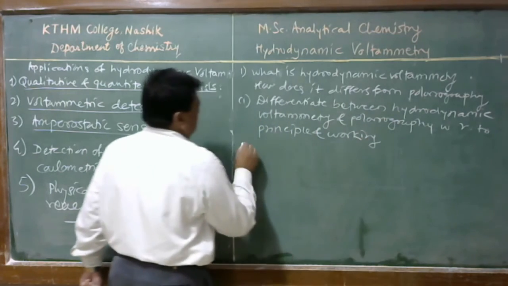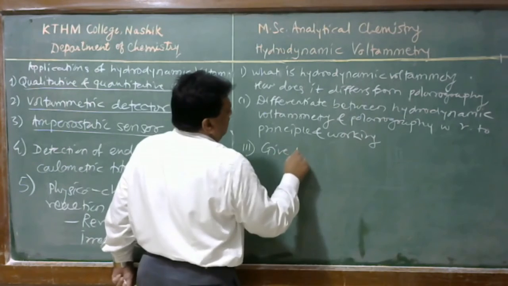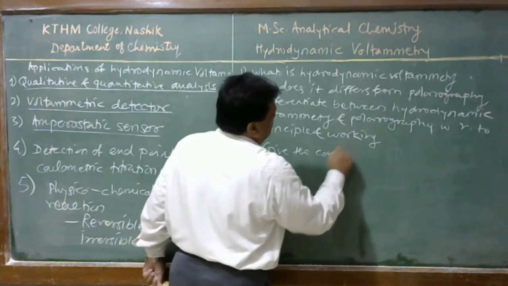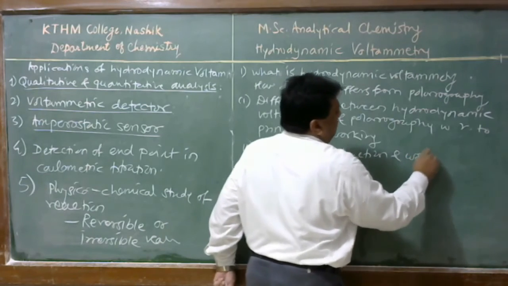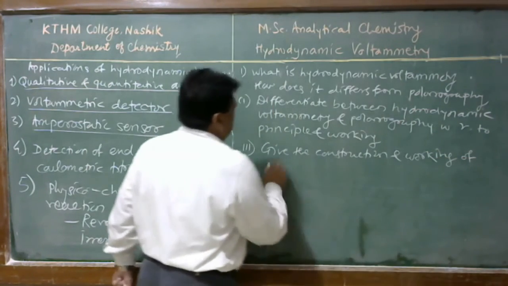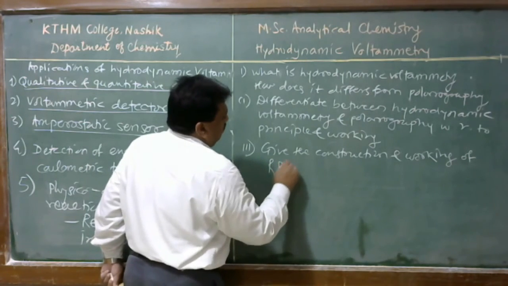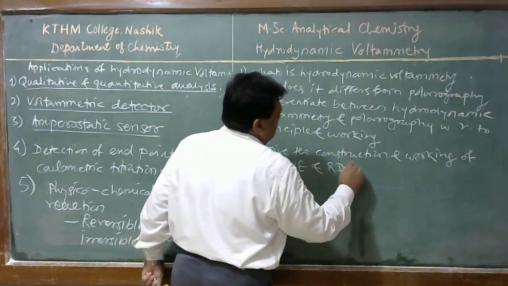Number 3, give the construction and working of rotating platinum wire electrode and rotating disc electrode.